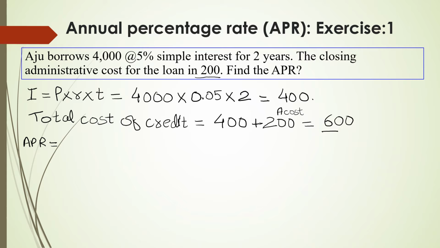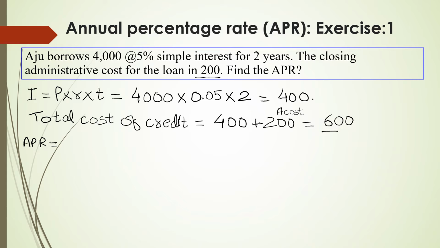This is the formula, you need to remember it. Total cost of credit divided by loan amount, smaller bracket close, this whole divided by loan term, for how much time we have taken, the time period, loan term, bracket close, multiply by 1, multiply by 100.